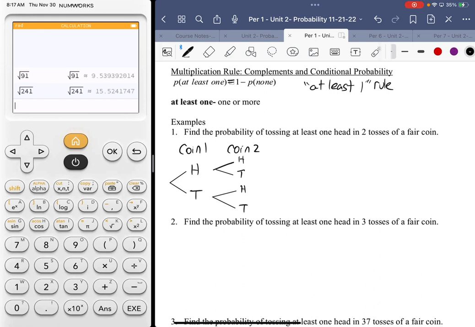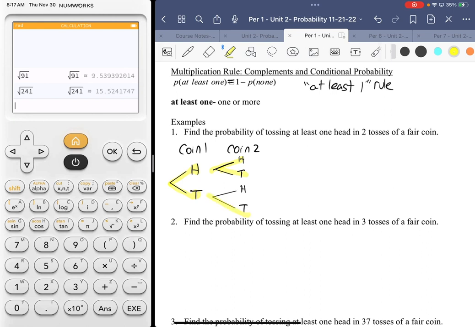All right. So if I want to find the probability of tossing at least one heads, I could go down the heads pathway. I have at least one head automatically just by going down this pathway, but I'll follow to a conclusion. So we have two possible outcomes if I just follow that branch. And if I follow the other branch to tails, I don't have at least one head yet.